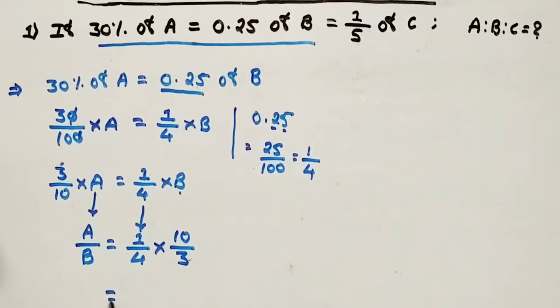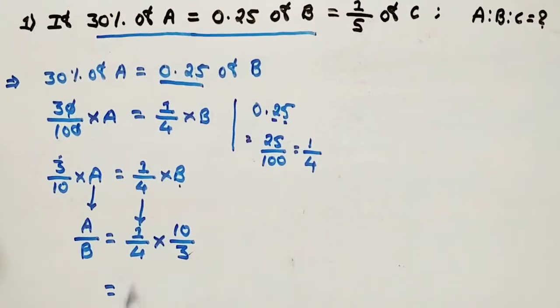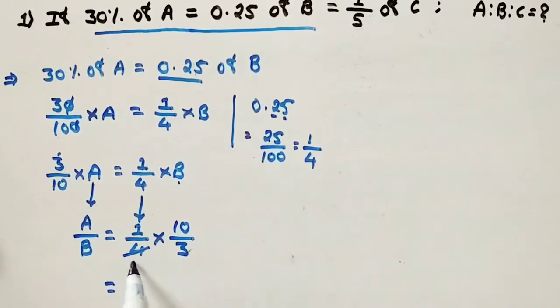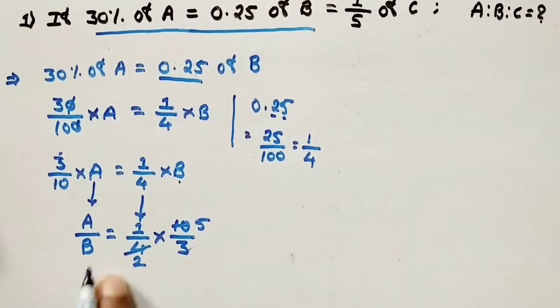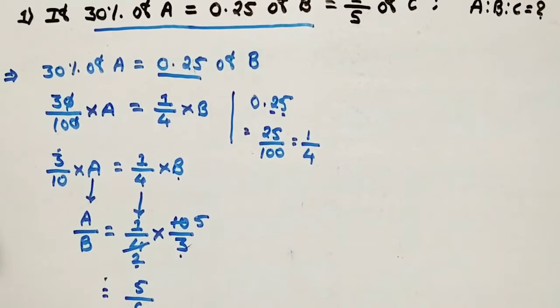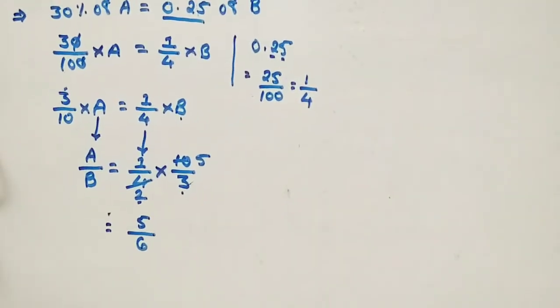So student, here 4 and 10 are both even numbers, so they are divisible by 2. 2 twos are 4 and 2 fives are 10. So 5 divided by 2 into 3, that is 6.